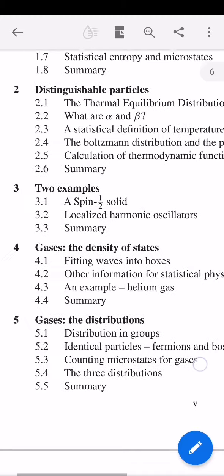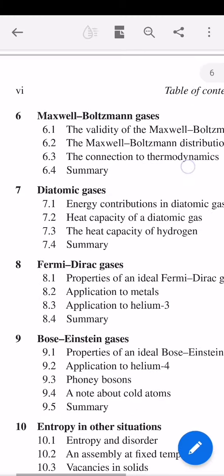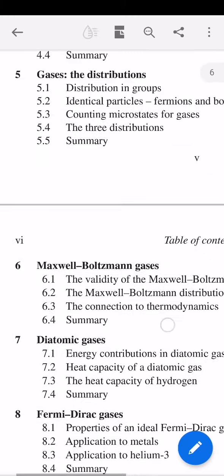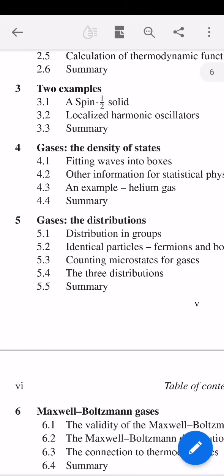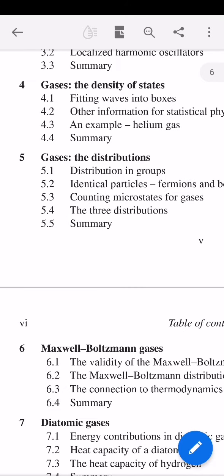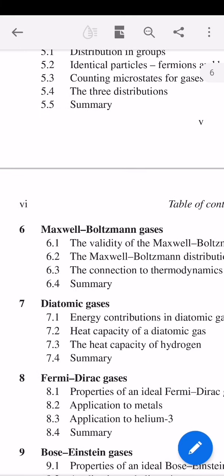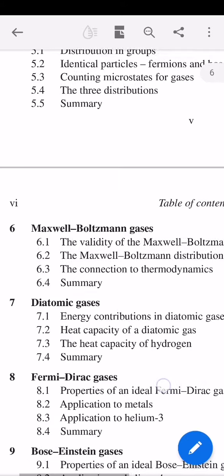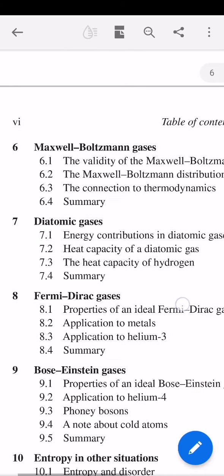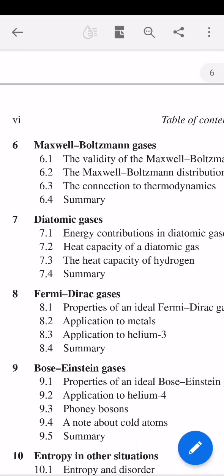Then chapters 4, 5, 6, 7, 8, 9 are all about gases. The first is the distribution behavior of fermions, bosons, the microstate of gases. Then it's all about the Maxwell-Boltzmann distribution of the behavior of the gases, and it's about diatomic gases, then Fermi-Dirac gases.